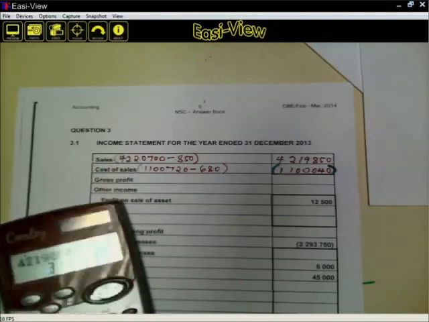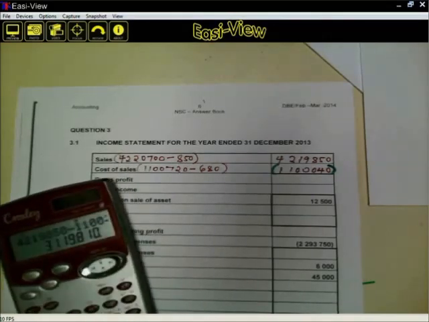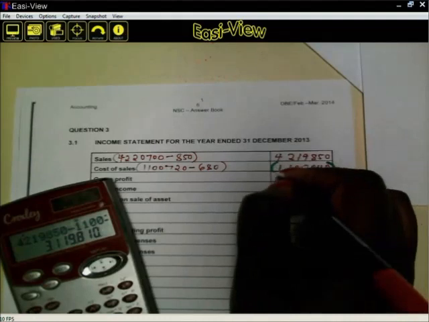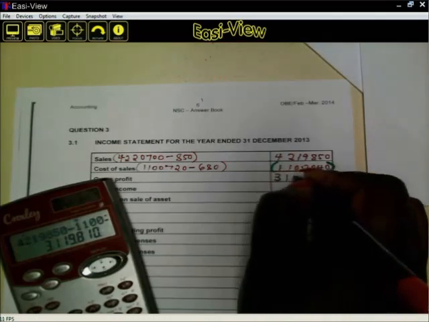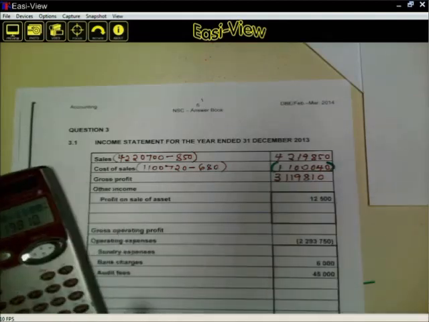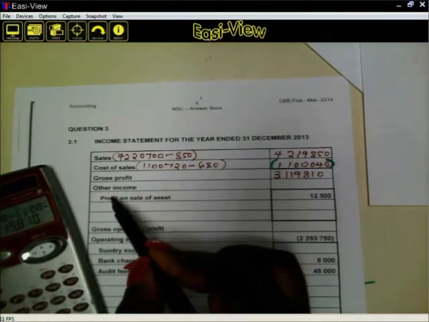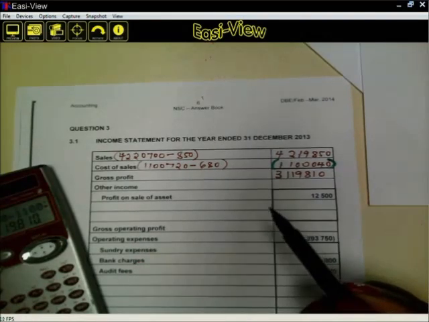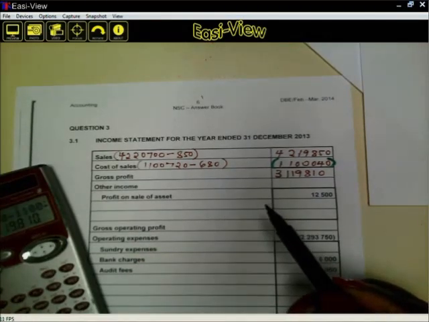Therefore, our gross profit is 3,109,810. Then we come into other incomes.